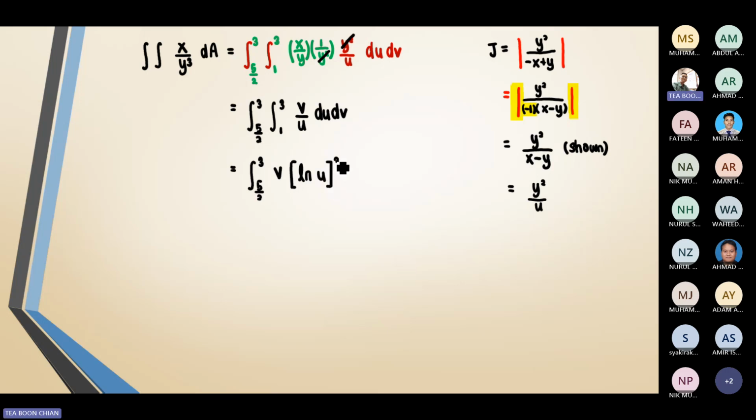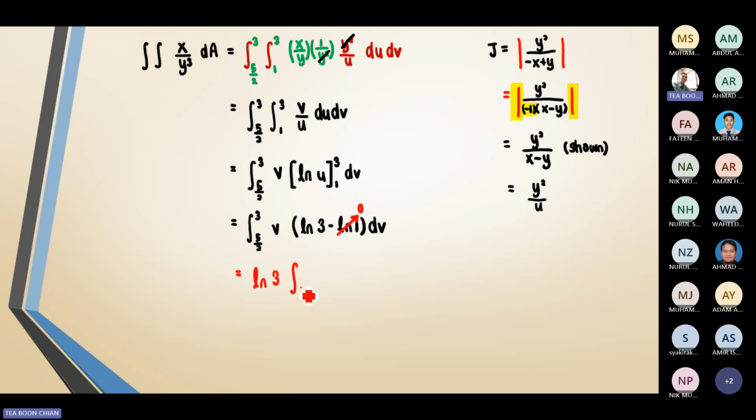Substituted upper limit 3, lower limit 1, dv. So this gives you integral from 5 over 2 to 3, v in the bracket, ln 3 minus ln 1. And we know that ln 1 is equal to 0. So ln 3 is the constant, this constant you can actually pull out from the integral.